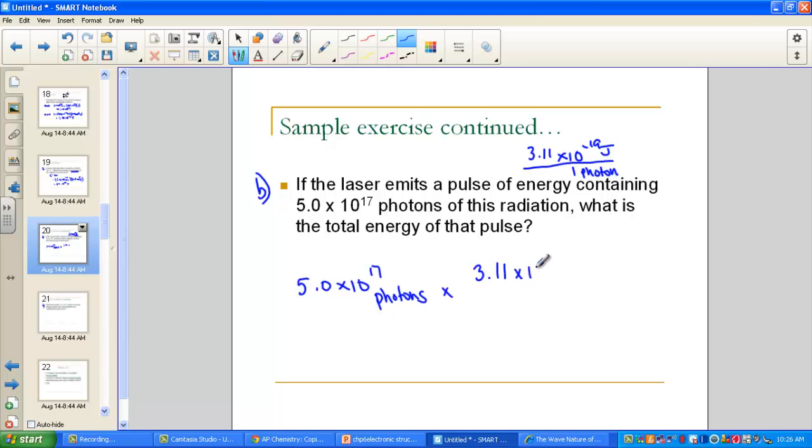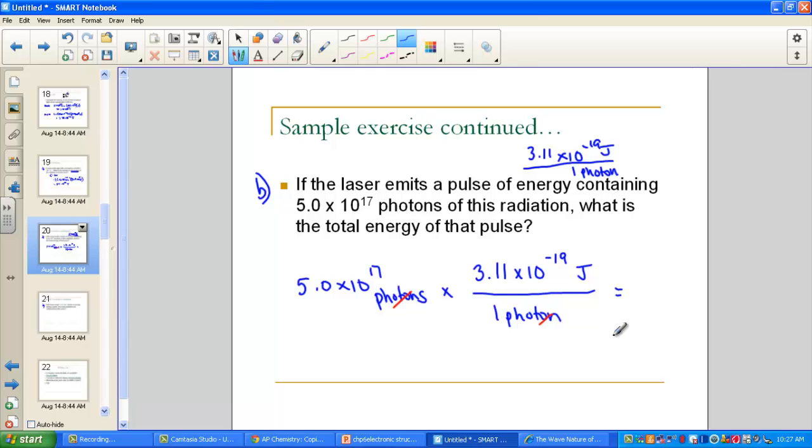There's 3.11 times 10 to the negative 19th joules of energy released for every photon that is emitted. See what's happened? We can cancel the unit of photon and go right directly to the joules. So that's what we'll do. We'll use our conversion from part A.